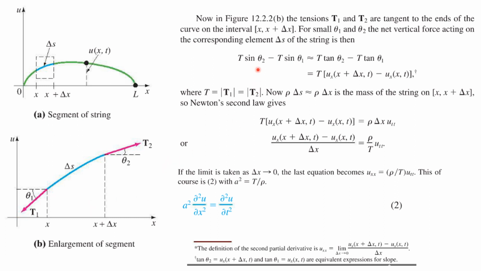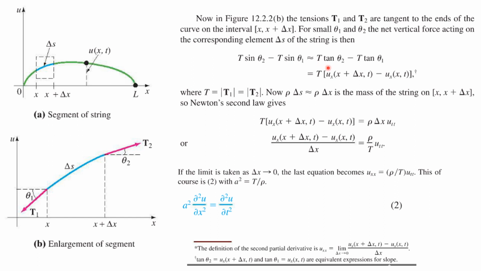So what we say is that that is T sine theta 2 minus T sine theta 1, where T is the magnitude and the theta tells us the direction. Now that's approximately equal to T times tangent of theta 2 minus T times tangent of theta 1, because when you're close to 0, sine theta is very close to tangent of theta. You may want to think about that for a while, but that definitely is true.